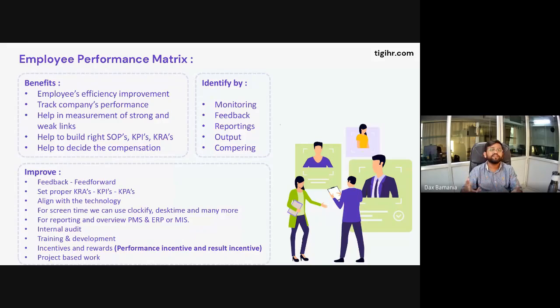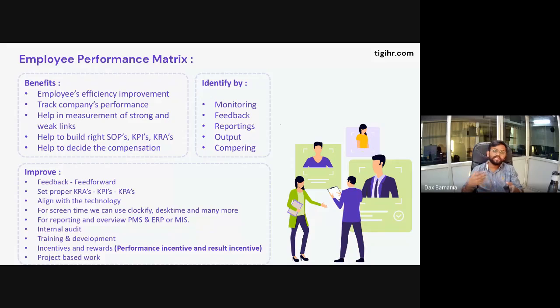People are just providing a result incentive only. Like, if you give us this much result, or this is your target, like 10x of your salary is your target, and above that we will give you 10%. So this is the result incentive, not the performance incentive. But we forgot the basic thing that we need to first focus on performance. If performance is there, the result will automatically come. That's the outcome of performance.